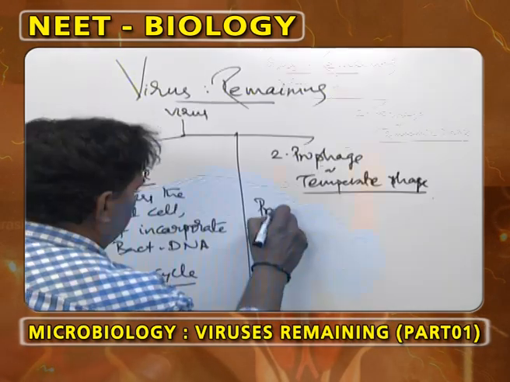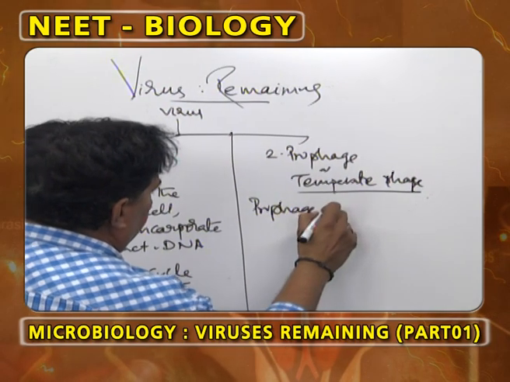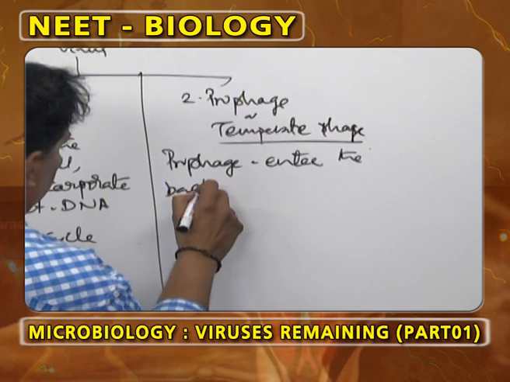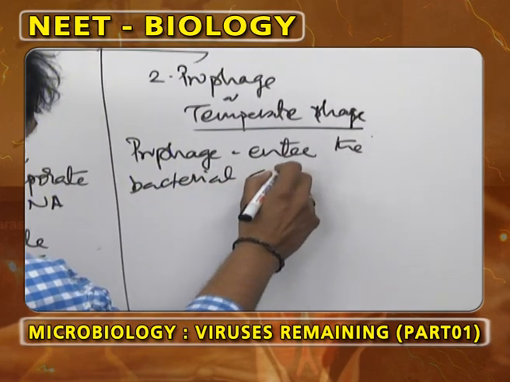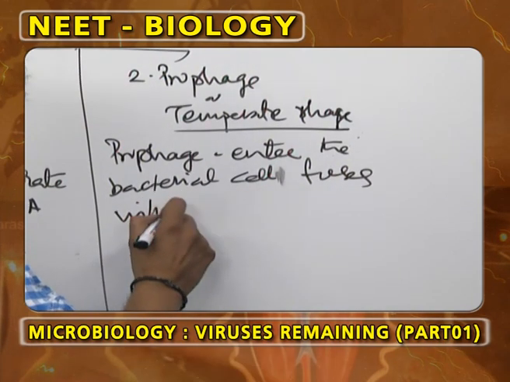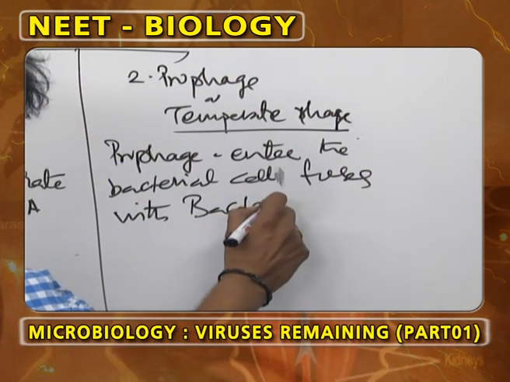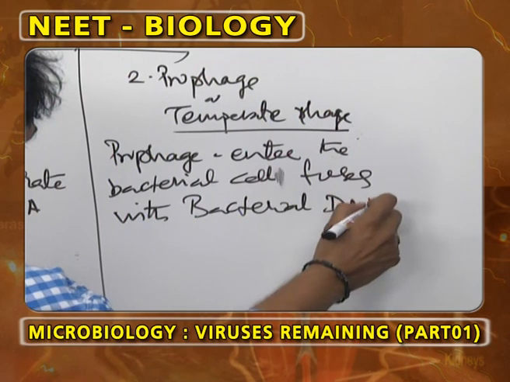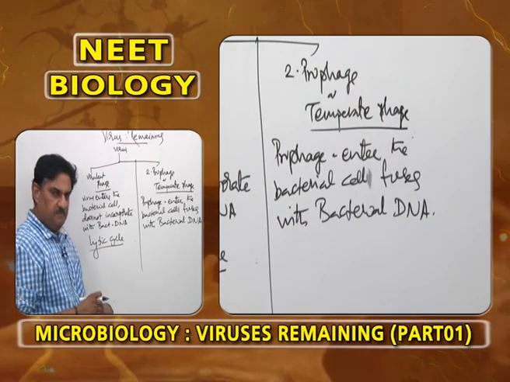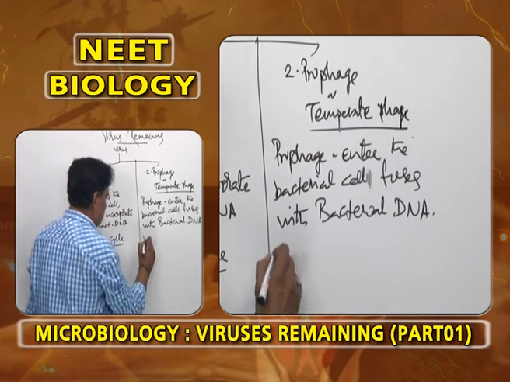A prophage is one which enters the bacterial cell, fuses with bacterial DNA, and along with bacterial DNA replicates for many generations.